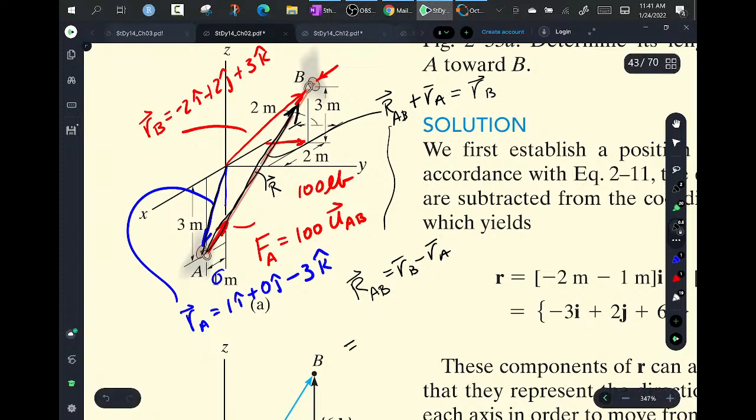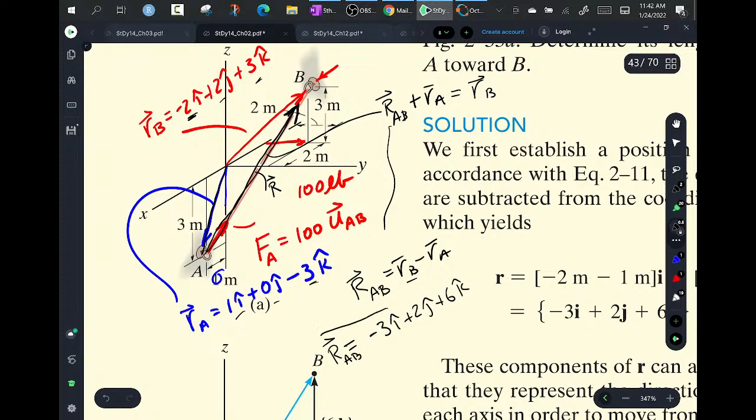You take RB, which is 2 minus 1, that'd be minus 3i. Then 2 minus 0, oh, that's easy, plus 2j. And then 3 minus minus 3, it becomes plus 6k. So that is the vector that points from A to B.